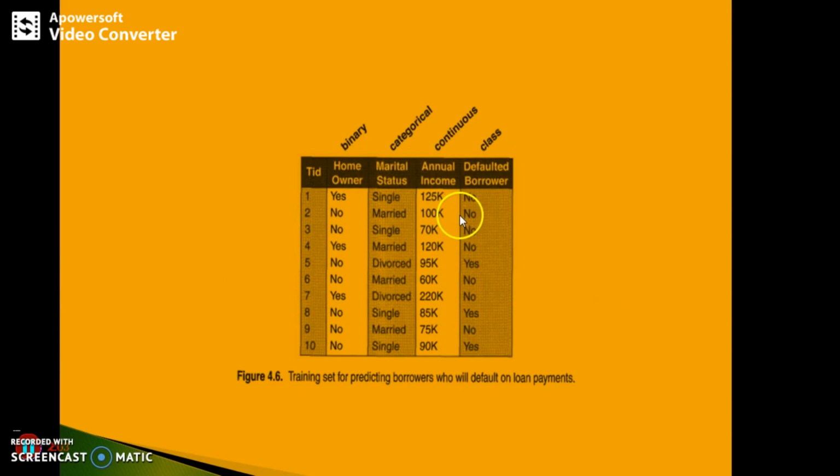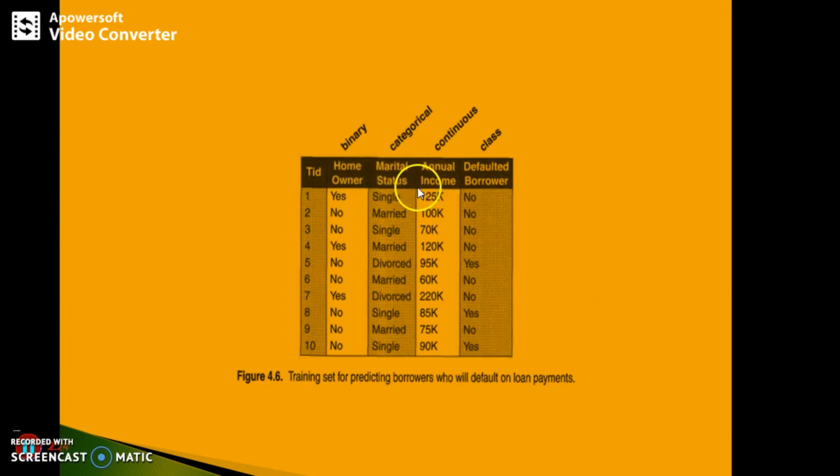This data set is basically about loan payment. You can see there are a total of 3 attributes: one is homeowner, next is marital status, and the third one is annual income.